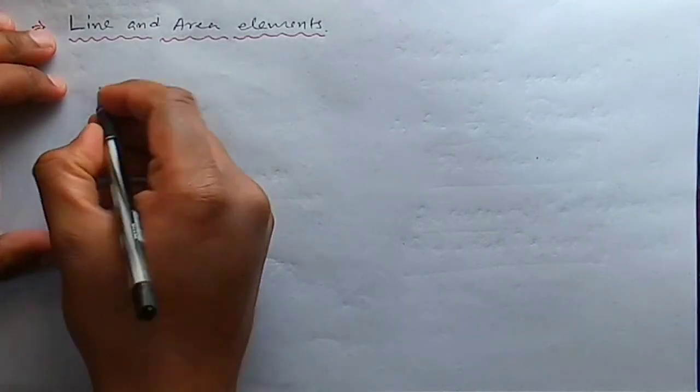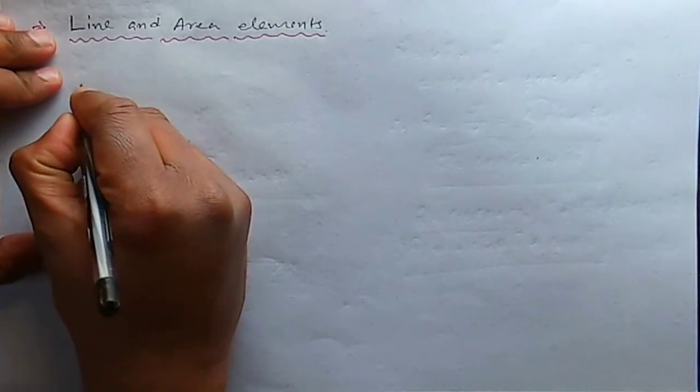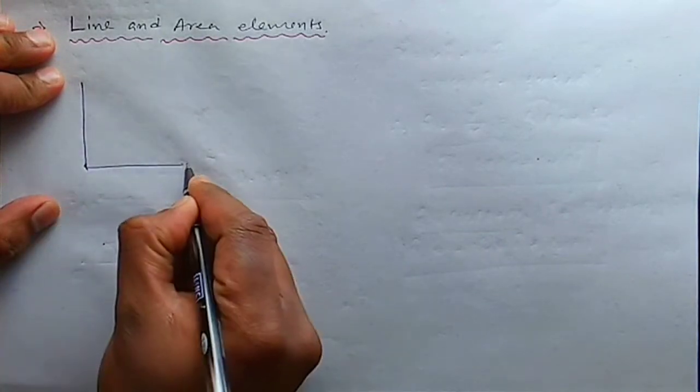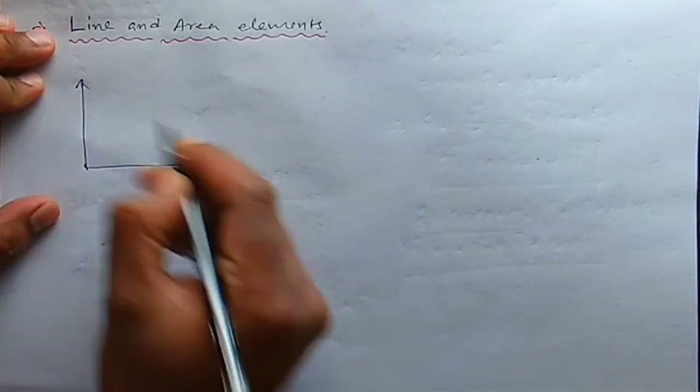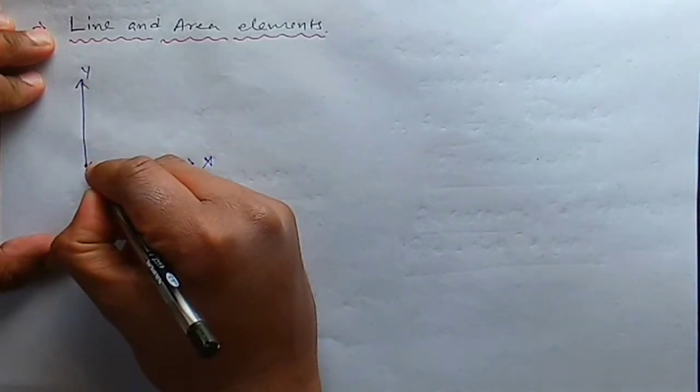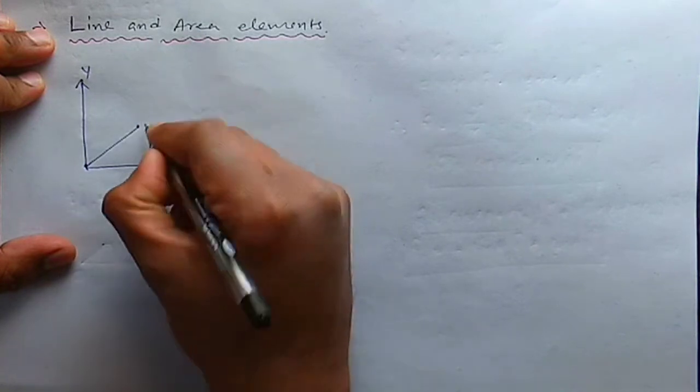First, see the line and area element in two-dimensional Cartesian coordinates, with two axes x and y. Let's see the line element.